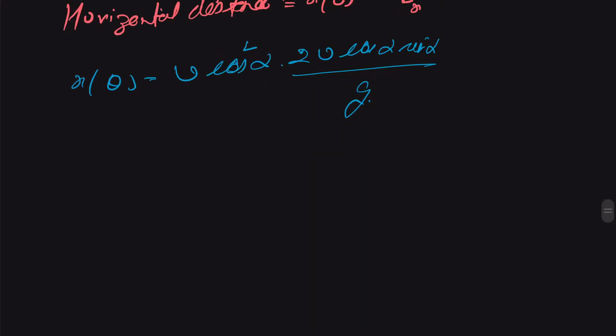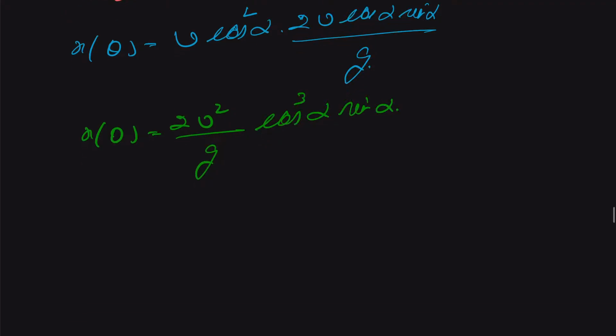Therefore we get that the horizontal distance will be equal to twice v square upon g, cos cube alpha sin alpha, and we have to maximize, so we are only considering this trigonometric function.